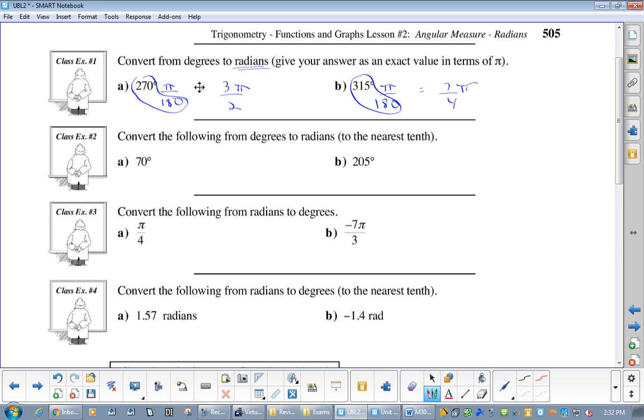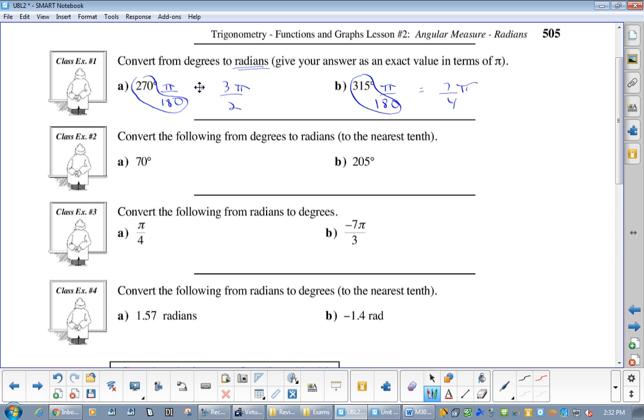Honestly, I know where 7 pi over 4 is on my unit circle way more than 315. When you get good at it, radian measurement is way, way nicer to work with. The longer you hold on to degrees, though, the less chance you have of being successful with it.